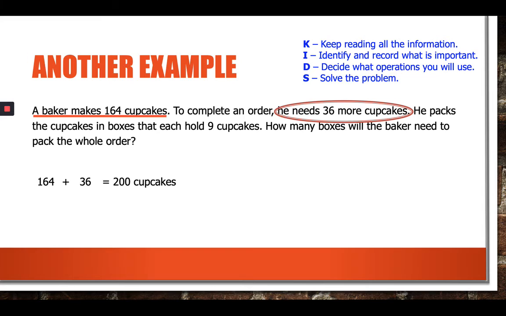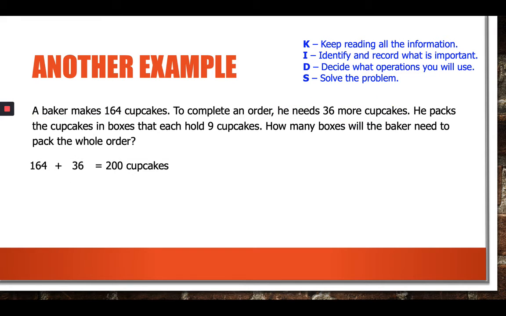So the baker has made 200 cupcakes, but now he has to pack those in boxes that each hold 9 cupcakes. Notice it's not telling us 9 boxes, but each box holds 9 cupcakes. How many boxes will the baker need to pack the whole order? What do you think we would do to find out how many boxes we'll need?